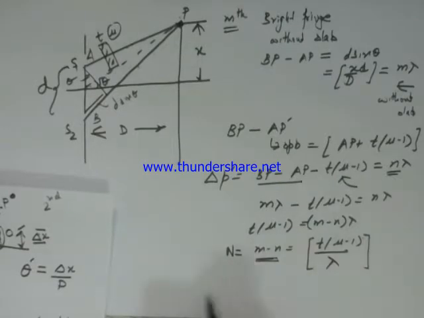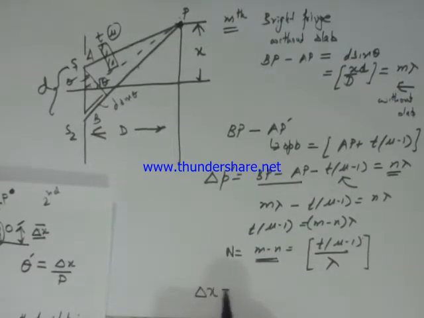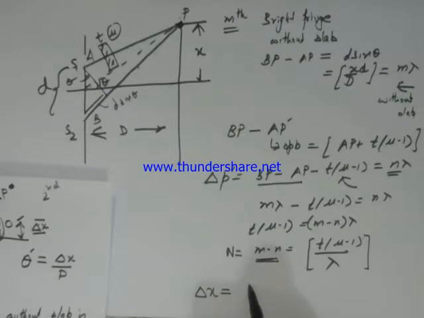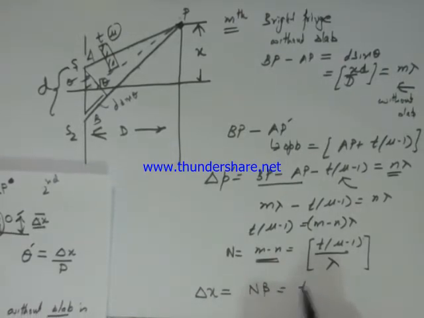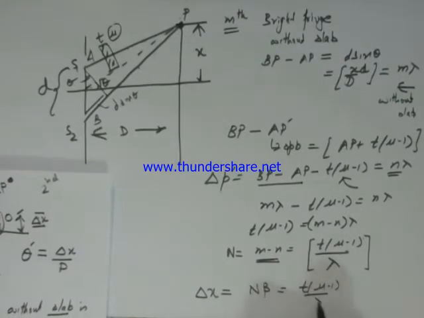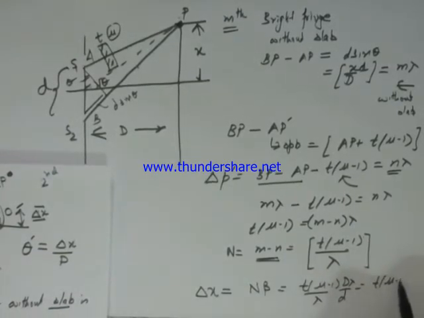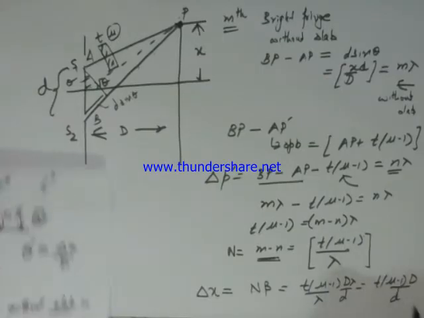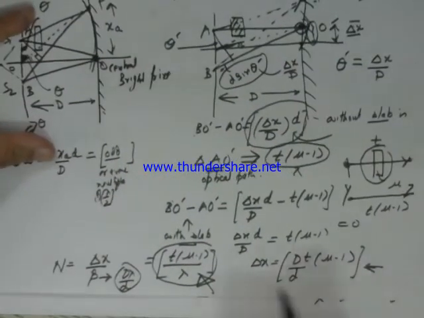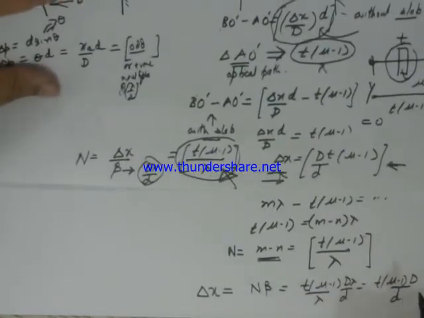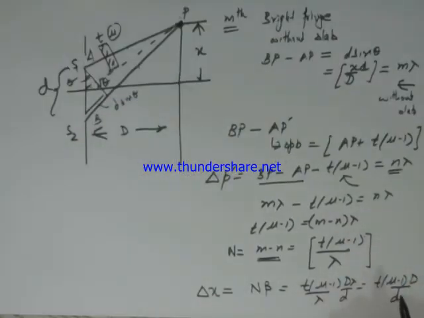The number of fringes shifted, so the shift in fringes, that is the distance shifted, will be n times β, which is t(μ minus 1) upon λ times Dλ upon d, equal to t(μ minus 1) D upon d. Same expression which we got here, Δx. You can compare the similar expressions we got using two different methods, just to have more clarity on the concept of the shifting of fringes.